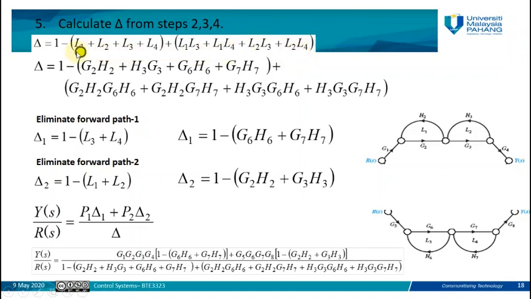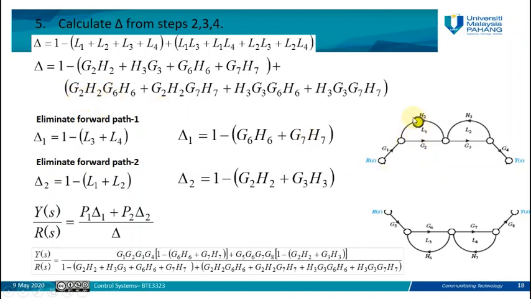So we just need to substitute the value of the gain for these loops. The gain of loop 1 is G2H2, this one is G3H3, this one is G7H7, and G6H6. We need to substitute in this term. And here L1L3 means we have the gain of L1 times the gain of L3.